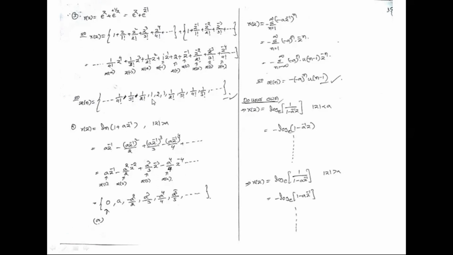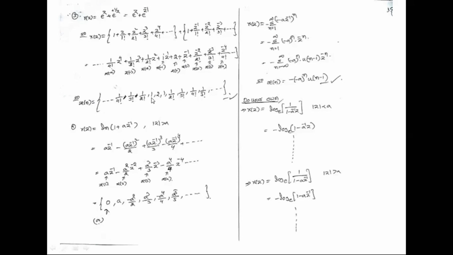Okay, and now the coefficients here, the z power 4, z power 3, z power 2, and z power 1. 4 is 1 by 4 factorial, 3 is 1 by 3 factorial, 2 is 1 by 2 factorial, and 1 is z power 1.